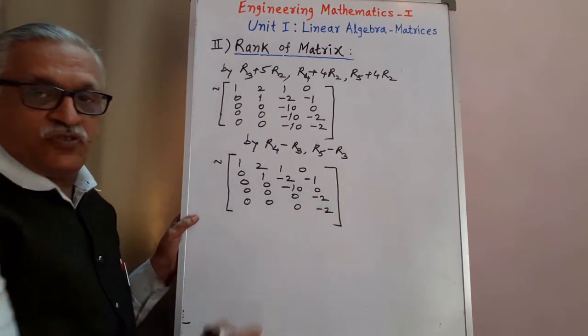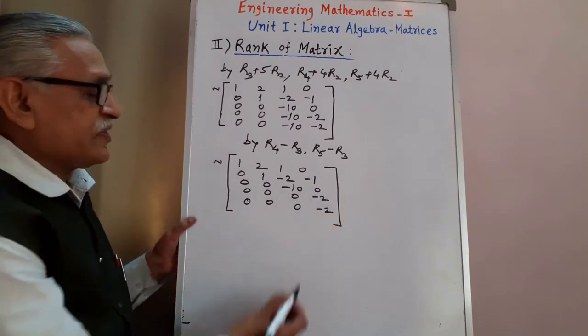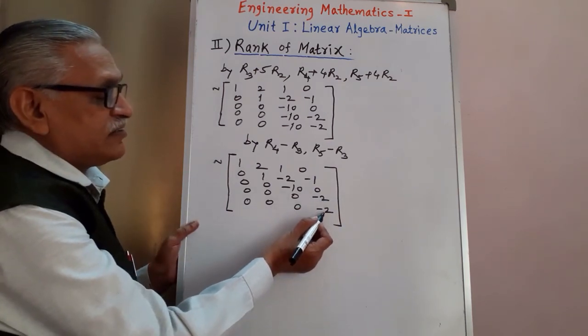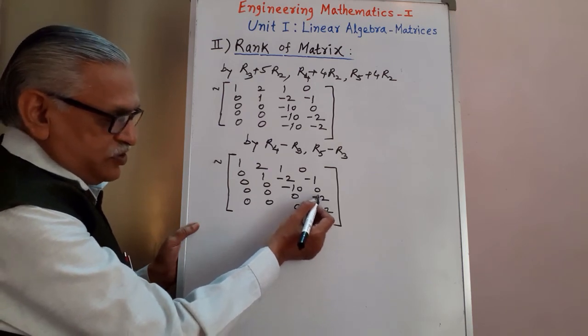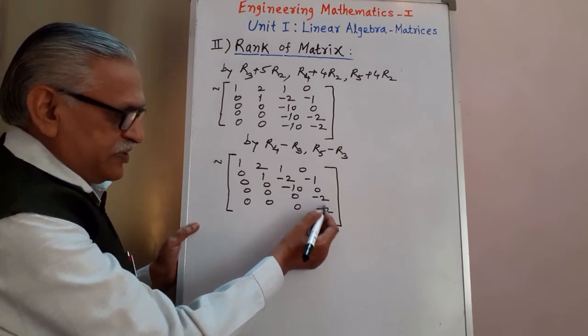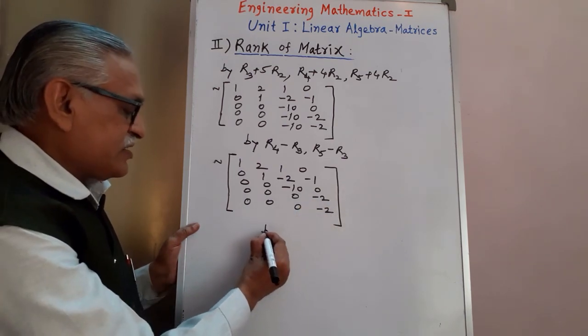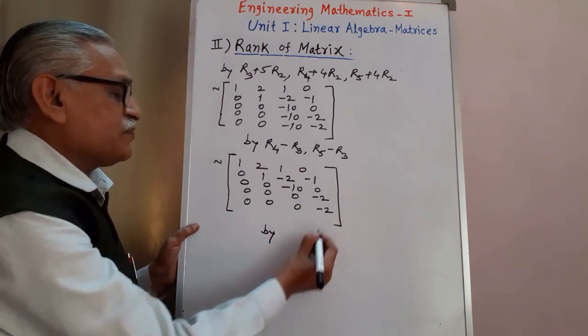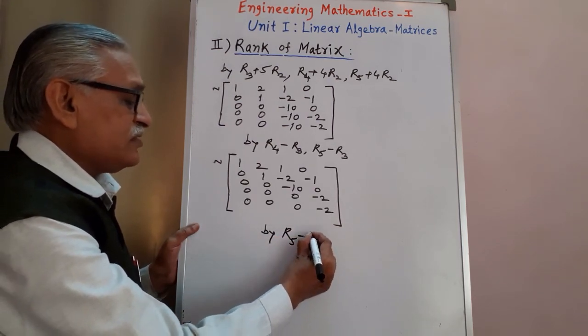Here it is minus 2, non-zero, means we can keep that as it is. And then think or convert the remaining elements below it to 0. Therefore, we have to think, can we make it a 0 with the help of this minus 2? Yes, we can make it 0. Minus 2 plus 2, we get 0. Therefore, it is R5 minus R4.